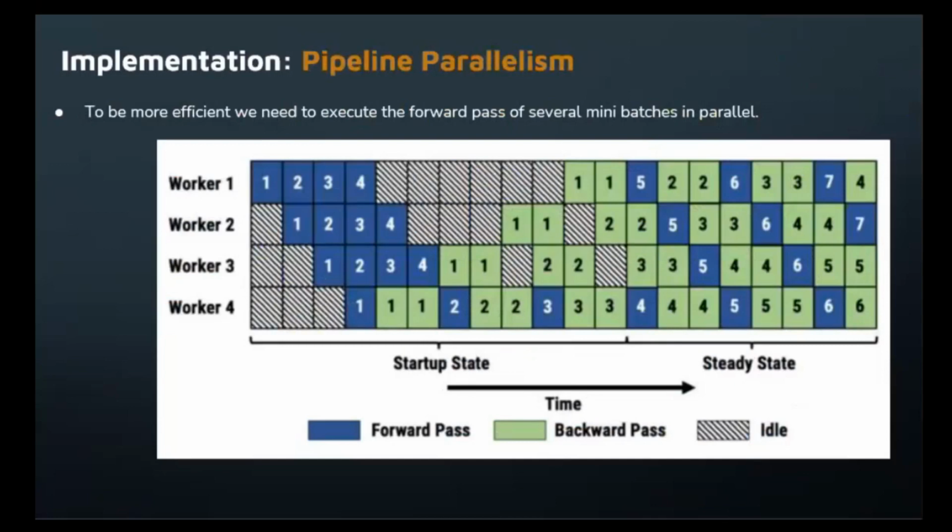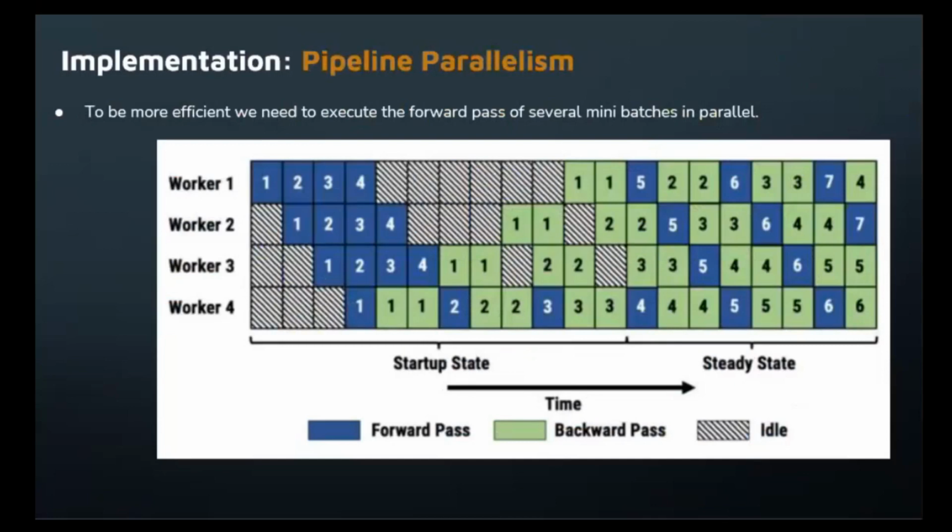The model is divided into a number of stages, and each stage is assigned to a different worker, and the arrows between stages represent the flow of data between the stages. The forward pass of the model starts with the first stage, which takes the input data and produces some intermediate output. Then the output is passed to the second stage, which produces some more intermediate output. This process continues until the final stage, which produces the output prediction.